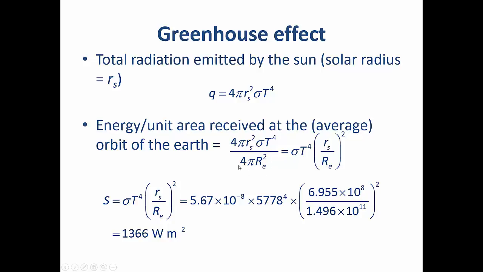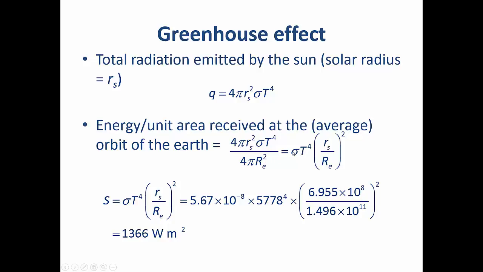This term is obviously the surface area of a sphere with a radius capital RE, but the radiation from the Sun will have spread out over the surface of a sphere, so I have to divide by a spherical surface, not a circular one.